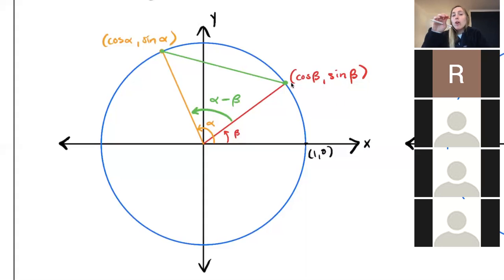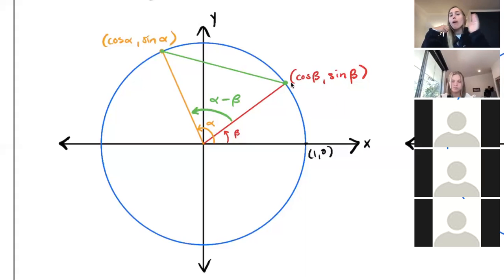There is an angle between the terminating side of beta and the terminating side of the angle alpha. And that angle could be calculated from taking angle alpha and subtracting angle beta.